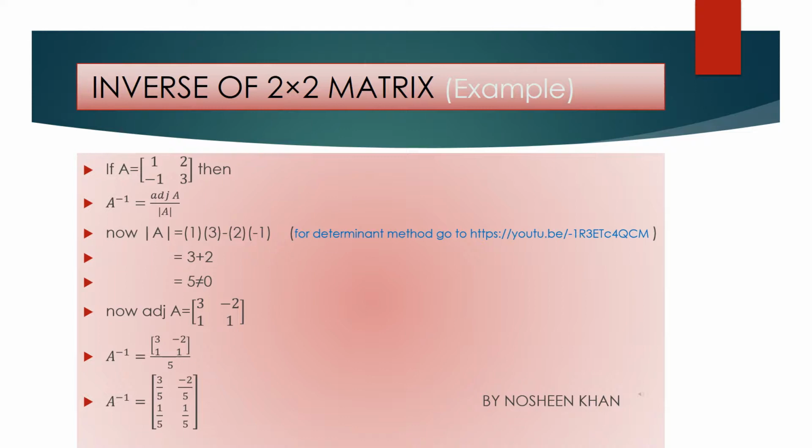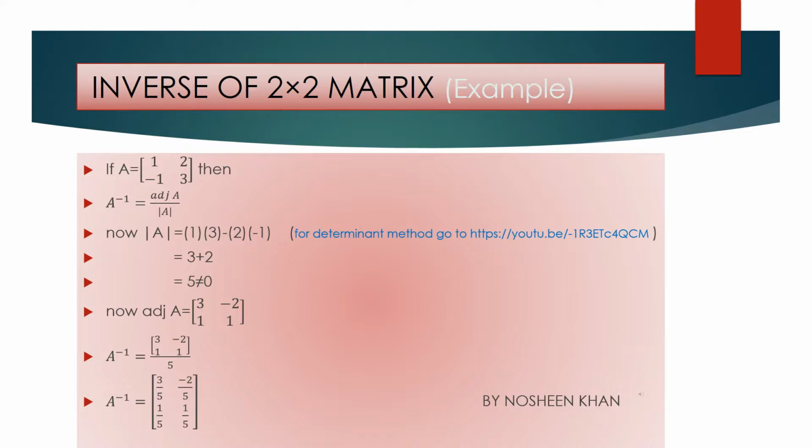So 3, and minus minus is plus, 3 plus 2, which is equal to 5, which doesn't equal 0. So if determinant of A doesn't equal 0, then we can find its inverse. But if determinant of A is equal to 0, then we cannot find its inverse.